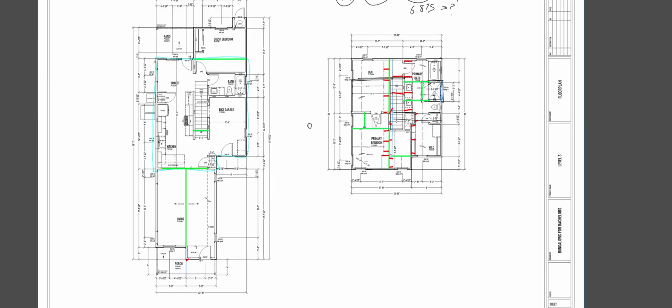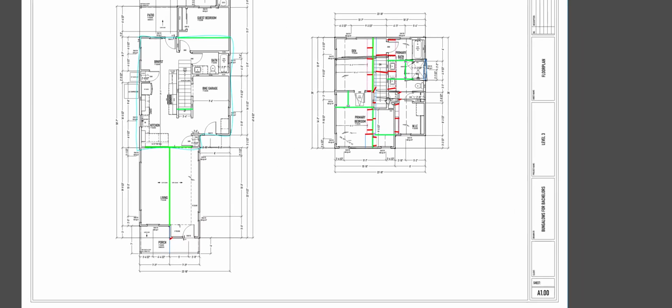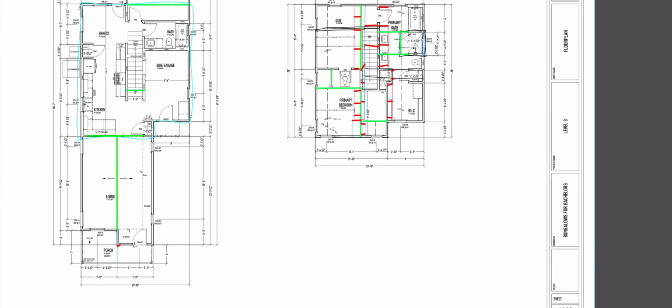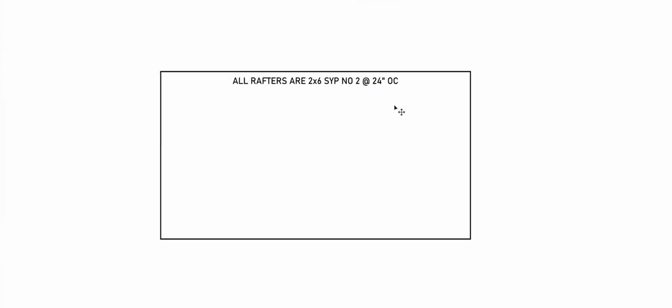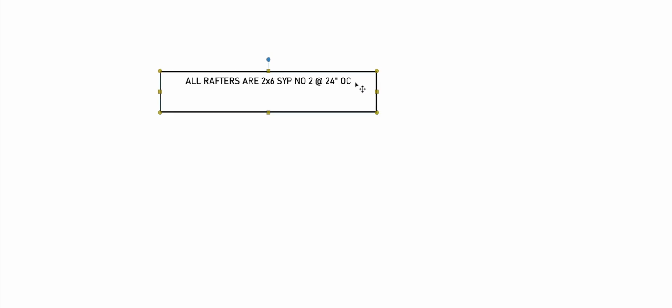All right, so now what I do know is that I am going to write this in here. All rafters are 2x6 Southern Yellow Pine number 2 at 24 inches on center. That's what I'm writing. And I'll make an exception here.